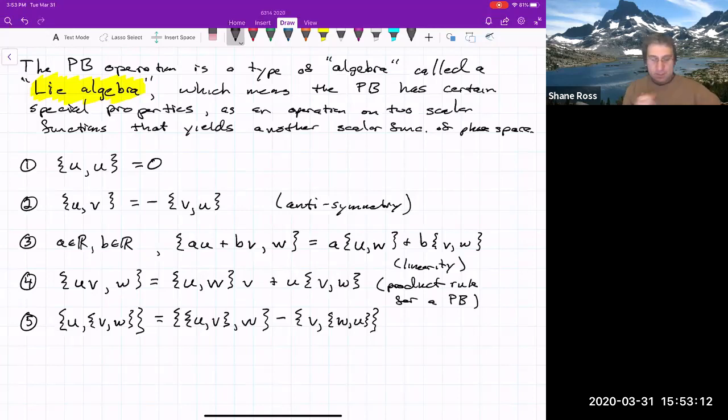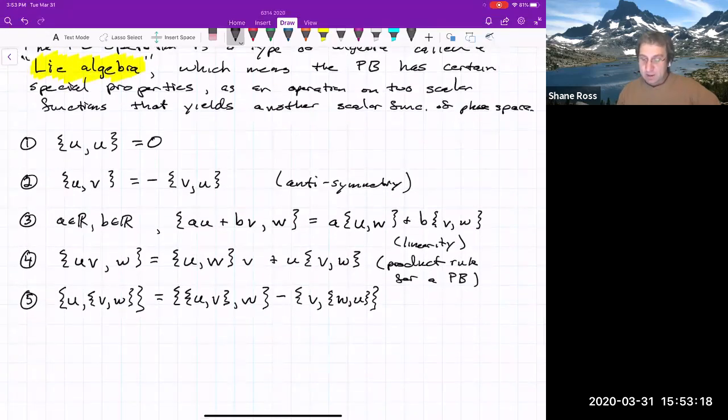This is non-associativity. Associativity would mean if you just switch the orders around, then you should get the same thing. If we had an associative situation, then we would just end it there. But we don't. We pick up this third thing. So the usual algebra is associative, but this is non-associativity. And this formula is sometimes called the Jacobi identity.